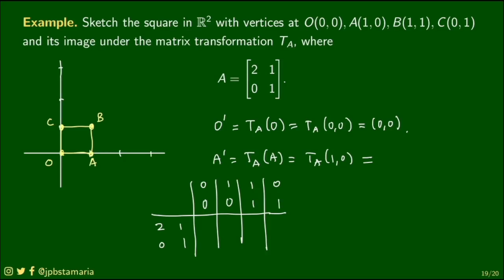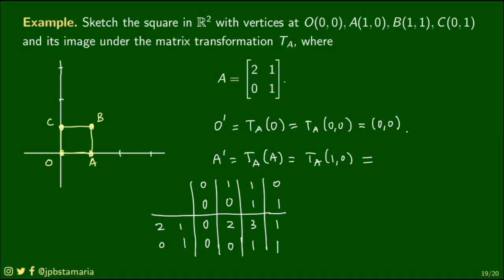Because you're multiplying the matrix to the left of each of these vectors. And then we perform the multiplication. As you can see, you get here 0, 0, and then here you get 2, 0. 1, 1 will be transformed to 2 plus 1, 3, and 0 plus 1 is 1, and then here you get 0 plus 1, 1, 0 plus 1, 1.